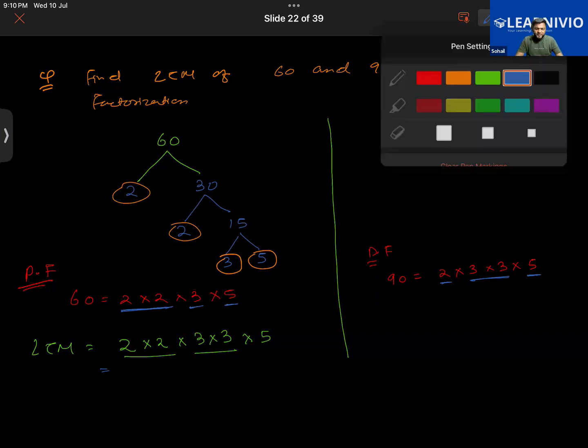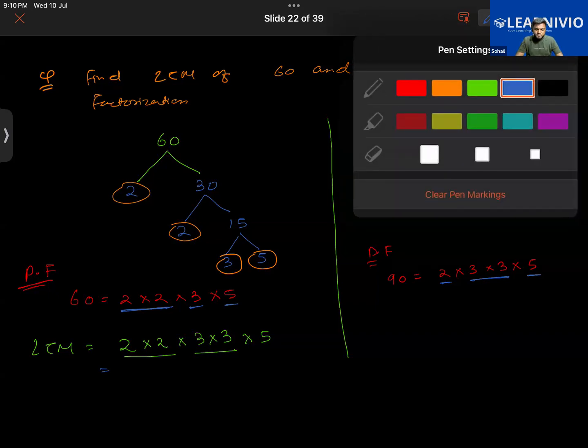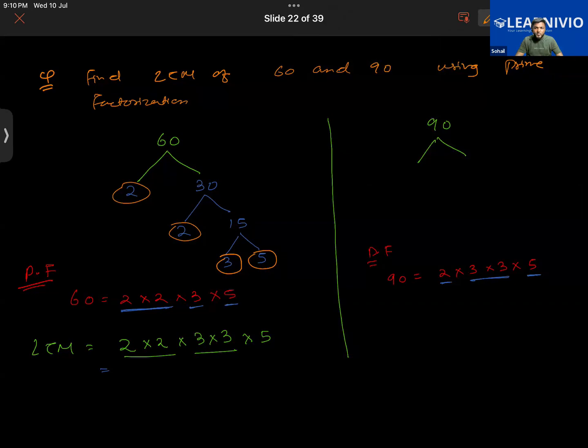How can it be 45? I think you need to do some practice on multiplication.